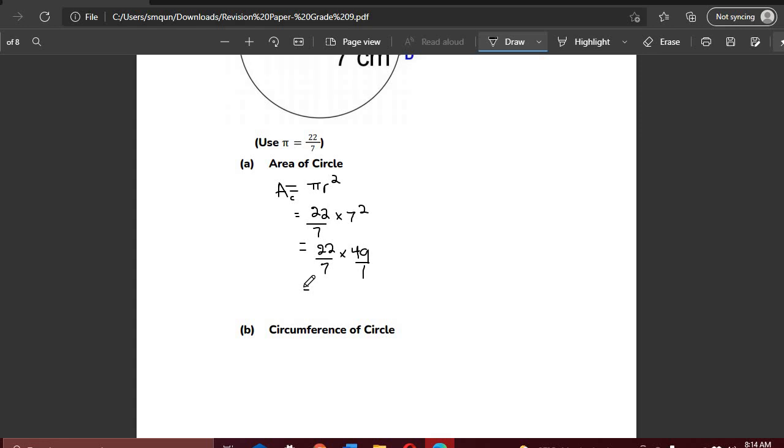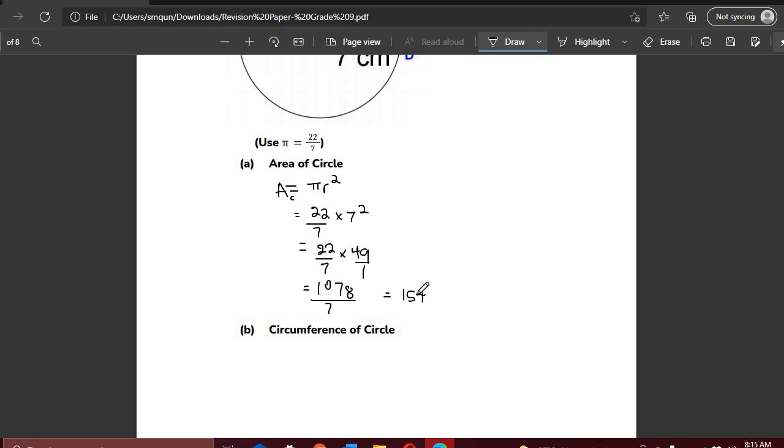Multiplying the numerators, that would be 22 times 49, I get 1078. And multiplying the denominators, 7 times 1 would give you 7. Then you can divide. When I divide 1078 by 7, I get 154. So we get the same answer.